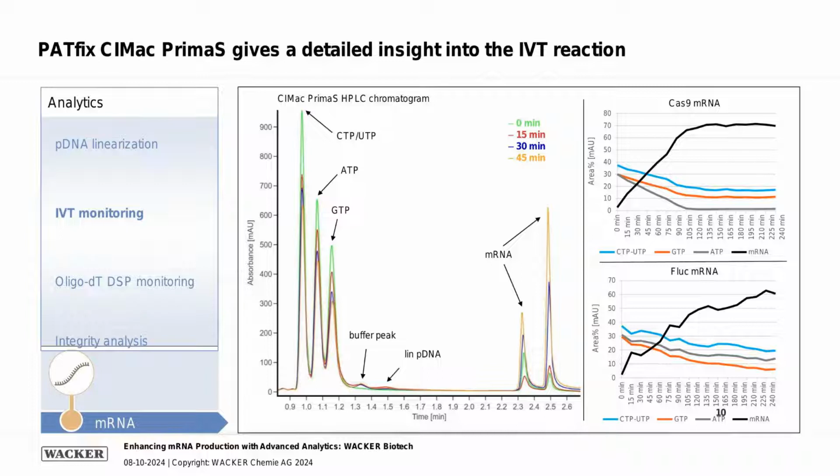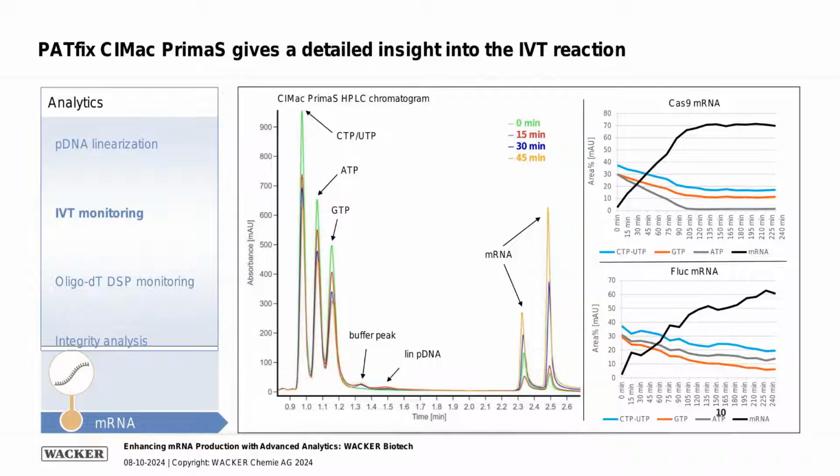If you would spike some ATP in here, as Tina had shown in the video before, you would be capable of increasing your amount of mRNA in this reaction. In comparison, when you look at the fluc mRNA, you have your NTPs available until the end of the reaction. And this leads to basically a constant increase of mRNA.